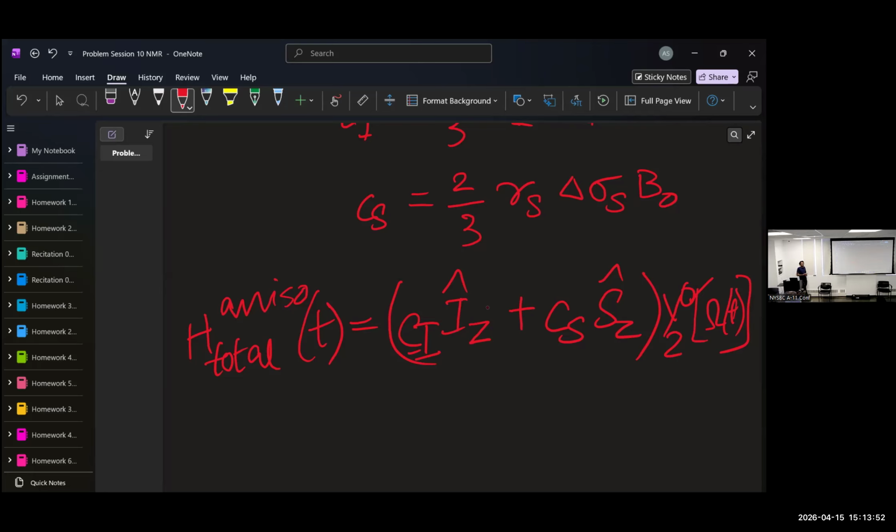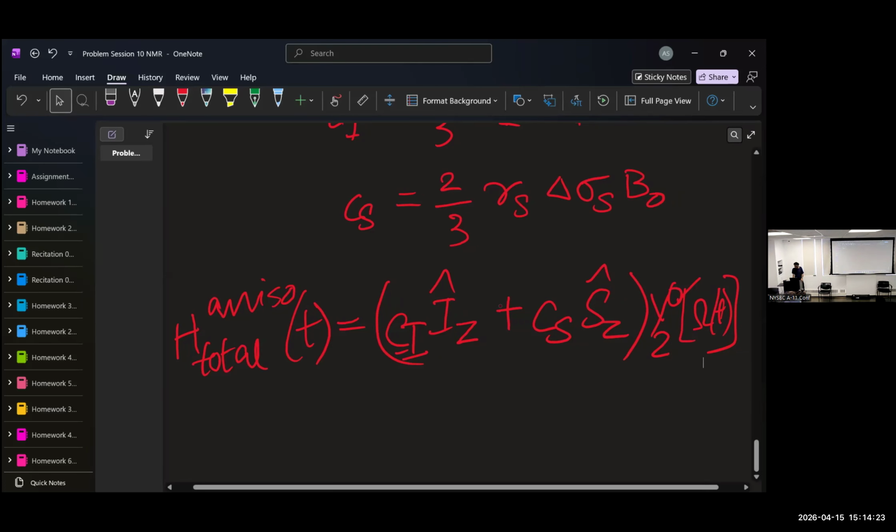The question is asking you for the relaxation rate constant for the W1 protocol, whose expression is something like the sum of the flip-flop or flip terms. And the sum of the flip-flop terms, plus-minus and minus-plus, becomes the zero quantum coefficient.